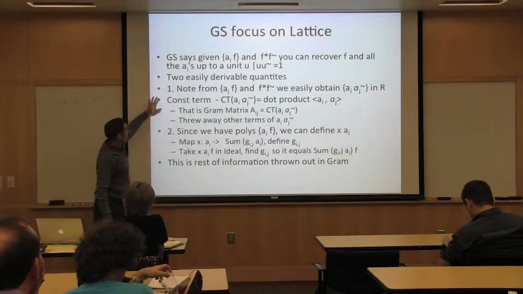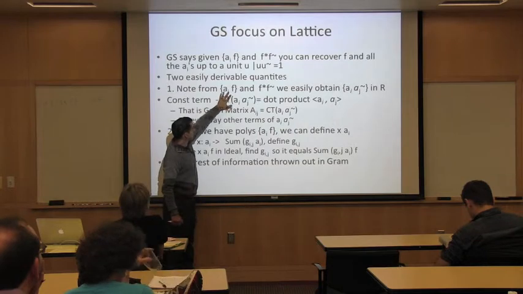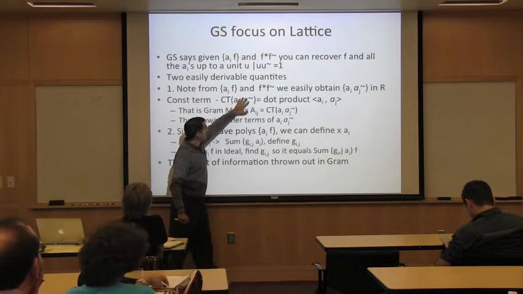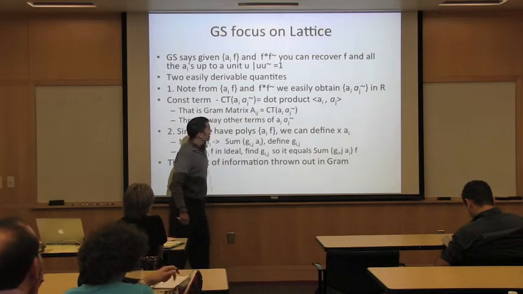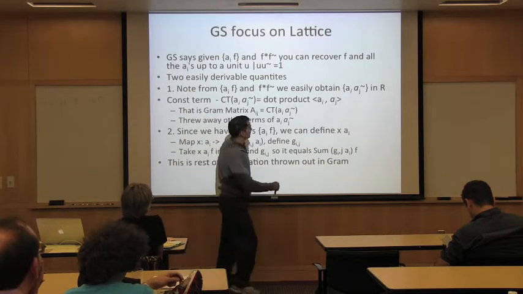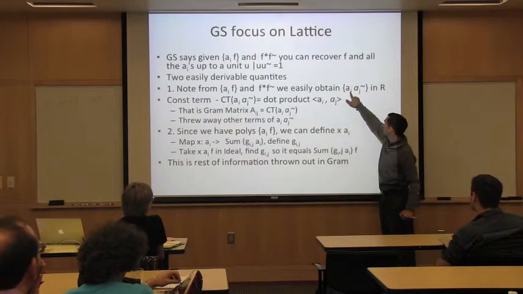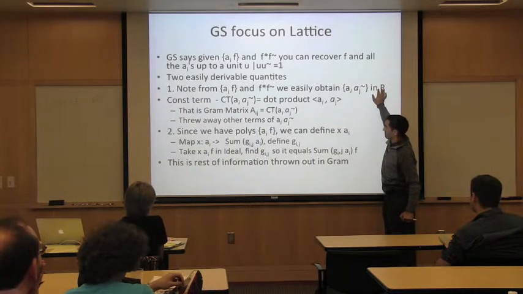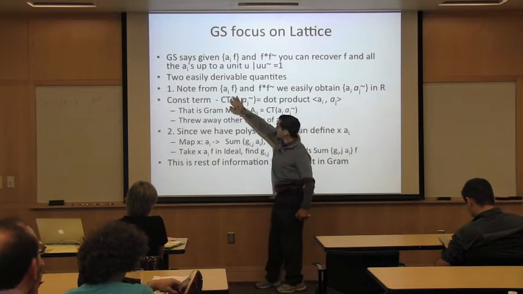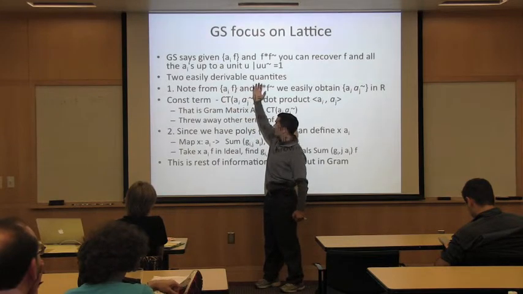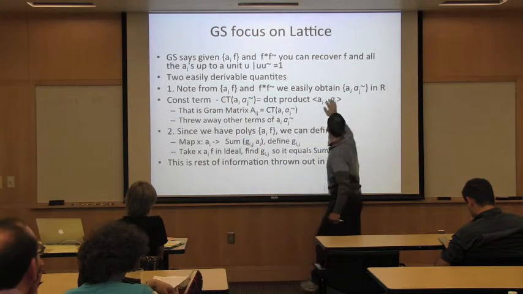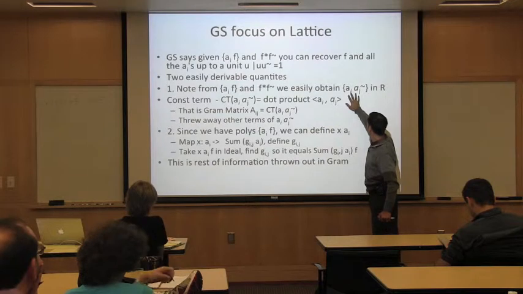And so just notice, if we're just starting from this ideal and this norm, there's some easily computable pieces of information. First of all, from these elements a sub i times F and F times its conjugate, you get a sub i times its conjugate in R, right? Because you just take one of these terms, times it by its conjugate, and divide out the F's. So you can get these polynomials in R which don't involve F anymore at all.